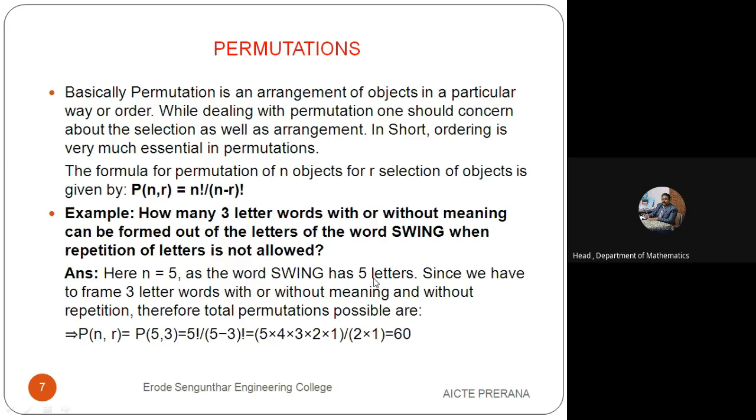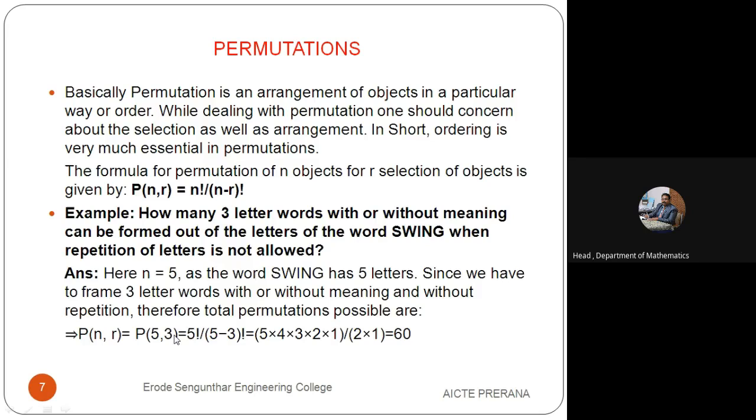As the word SWING has 5 letters, since we have to frame 3-letter words with or without meaning and without repetition, therefore total permutations possible are P of n comma r equal to P of 5 comma 3.